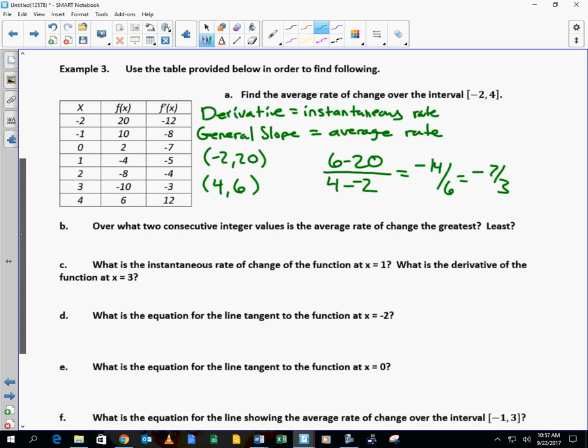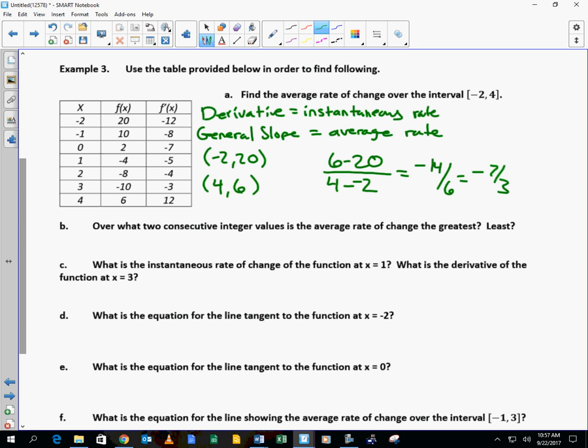It says, over what two consecutive integer values is the average rate of change the greatest and the least? Looks like my smartboard's locking up here. All right, so over what two consecutive integer values is the average rate of change the greatest? So meaning the slope the greatest between two integer values, okay?